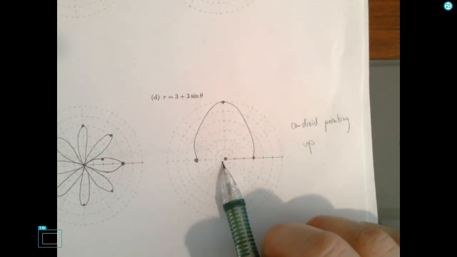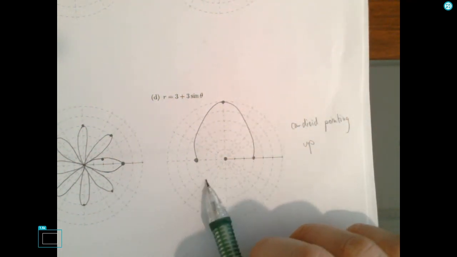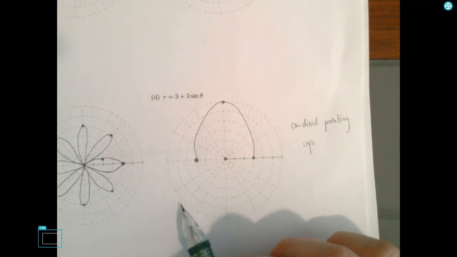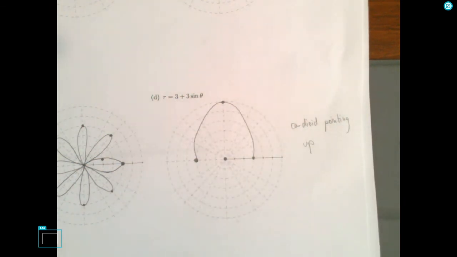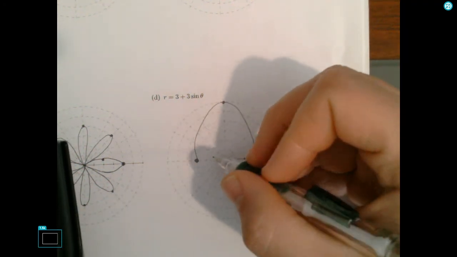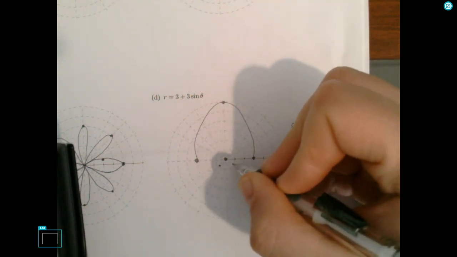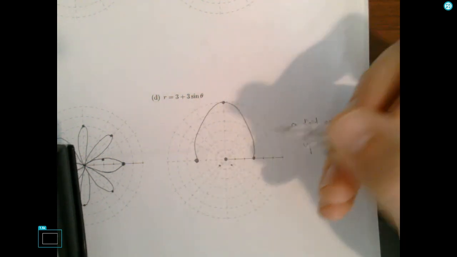Let's figure out what's happening at, let's say, 5 pi over 4 here. 3 plus 3 sine of 5 pi over 4 is about 0.9, so it's right there. And by symmetry, you'll have the same thing on the other side.